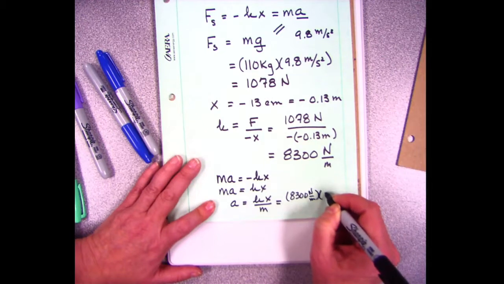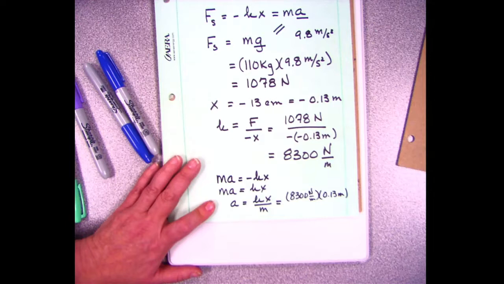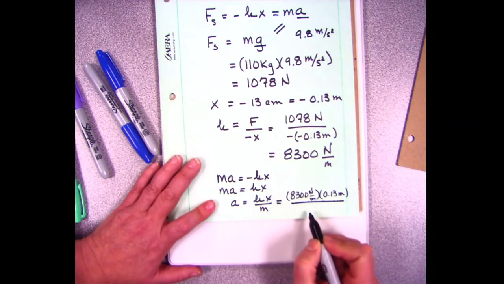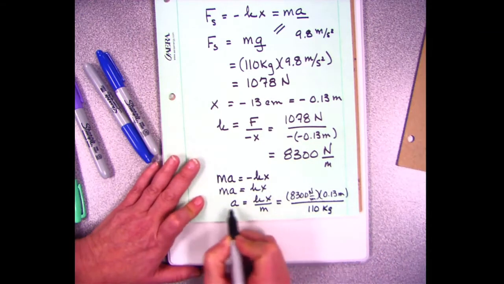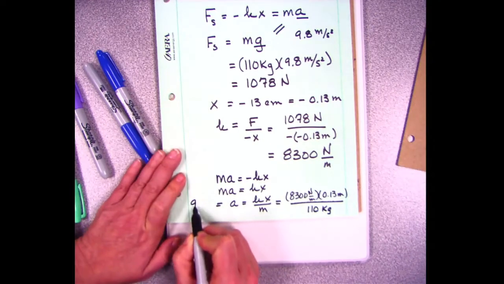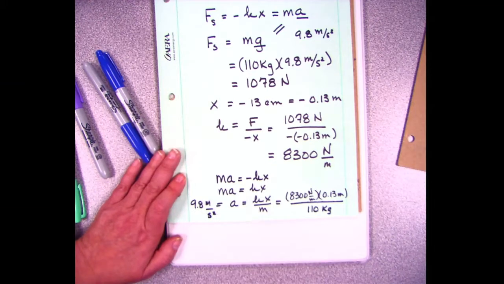My x was 0.13 meters, because we're assuming my spring didn't deform and that it's going to rebound completely, and my mass was 110 kilograms. When I plug that in, I get my acceleration as 9.8 meters per second squared.